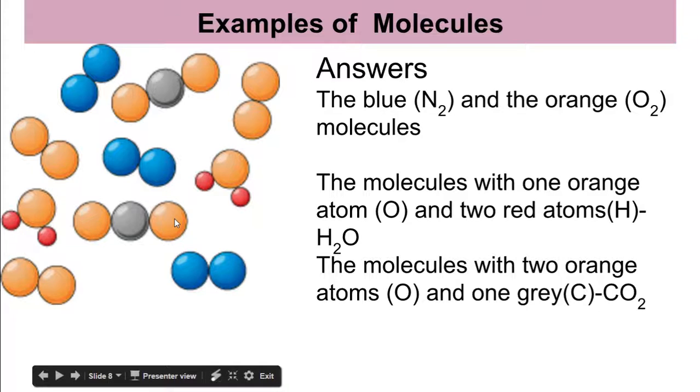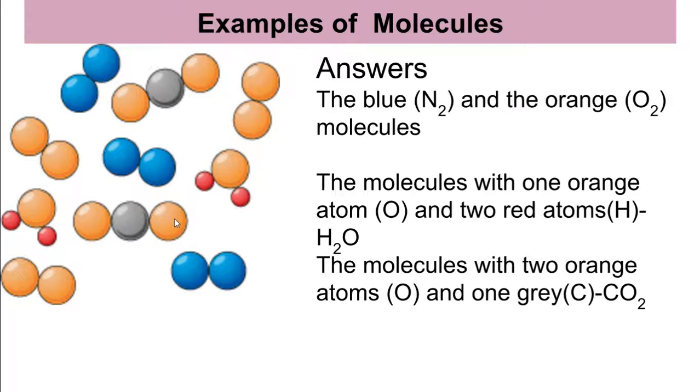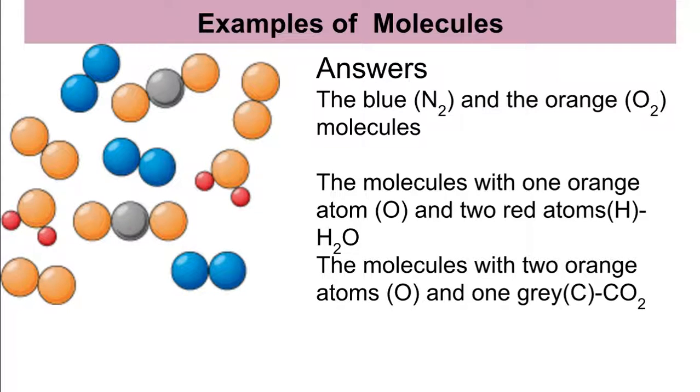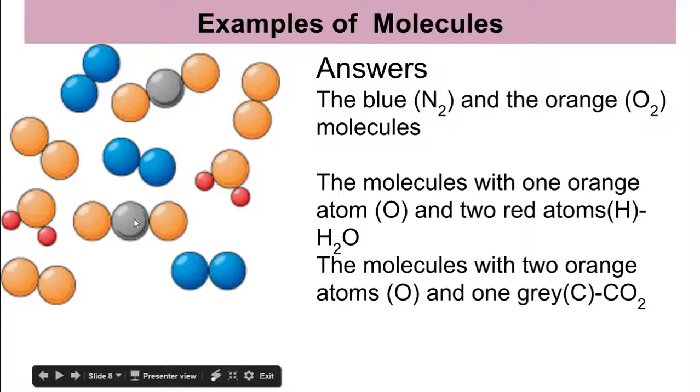So compounds are the ones here, orange with two red, water, and carbon dioxide. And if you found the names of the compounds, that would be excellent. But you just need to know that these two are the molecules with two elements.